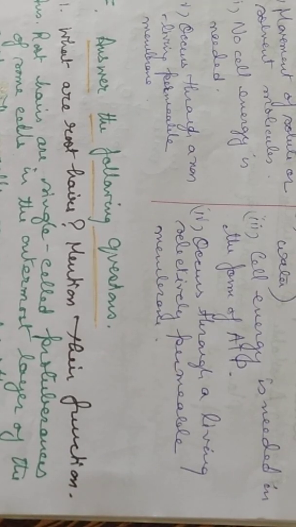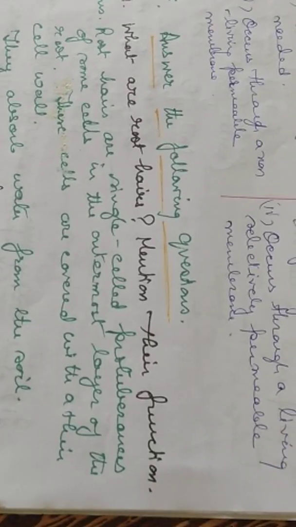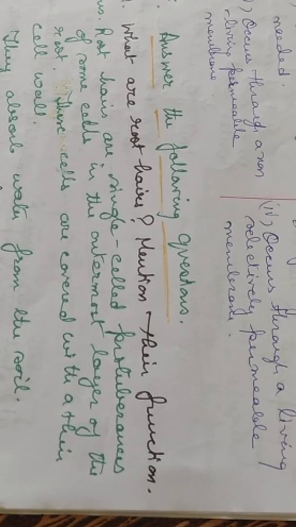It is opposite to that, from lower to higher, so it requires cellular energy in the form of ATP. Diffusion occurs through a non-living permeable membrane, whereas in active transport a selectively permeable membrane is required.